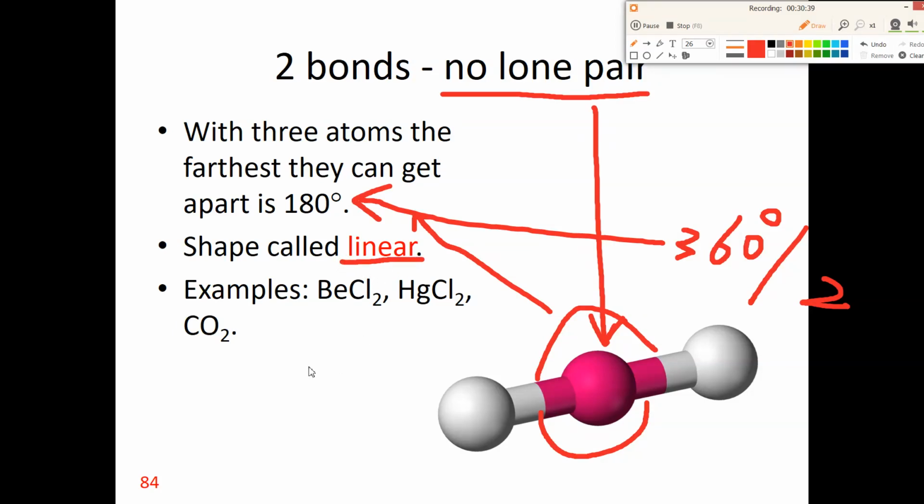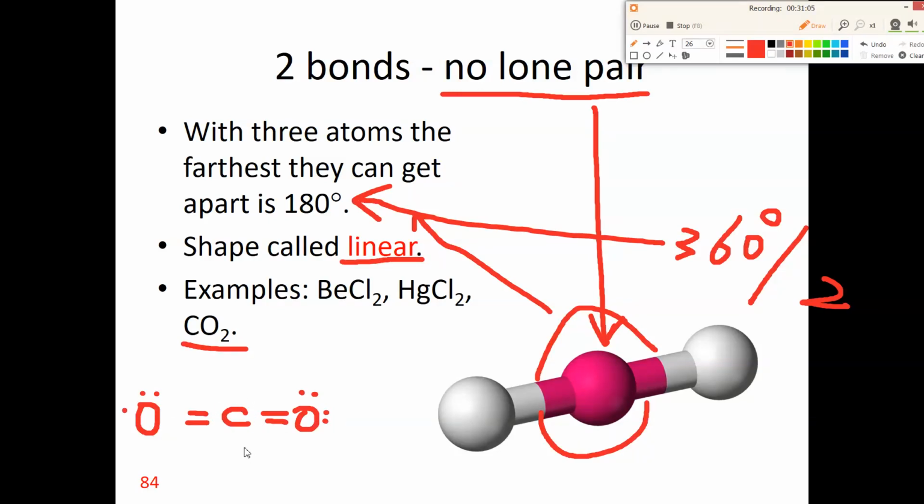So we have carbon dioxide. If you recall, carbon dioxide is like a straight line, right? Because there are no lone pair electrons on the central carbon. There are only two terminal oxygens, so it's a linear structure.